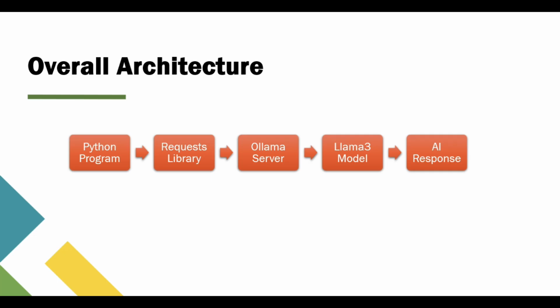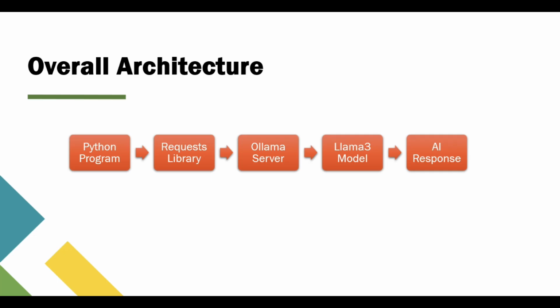The Ollama server is a central daemon that receives the HTTP request. It identifies the target model and loads it into memory if it is not already active, and passes the prompt to the inference engine. Next, the LLaMA 3 model: the neural network processes the input through its layers to generate the most probable next tokens, resulting in the text response.